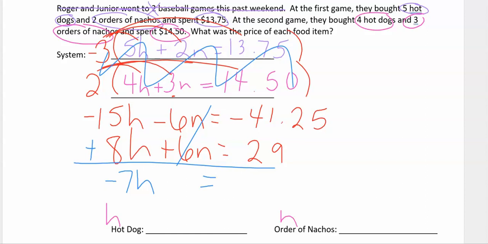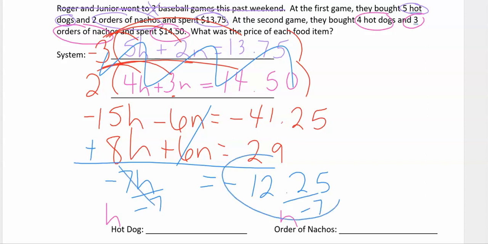Negative 41.25 plus 29. Again, be very careful. There's a lot of room for error here, but that's negative 12.25. Okay, now I have a relatively simple one-step equation here. I'm going to divide both sides by negative 7. Guys, this should work out to be a number that makes sense. You're talking about how much items cost at a baseball game.